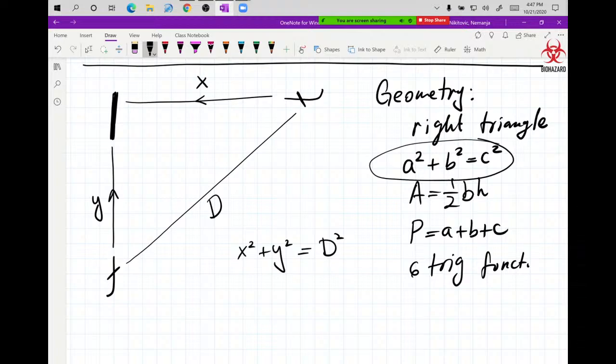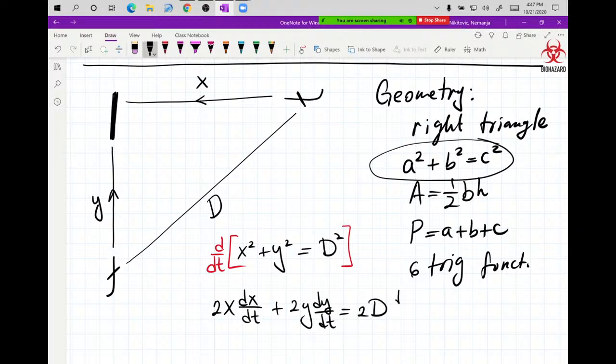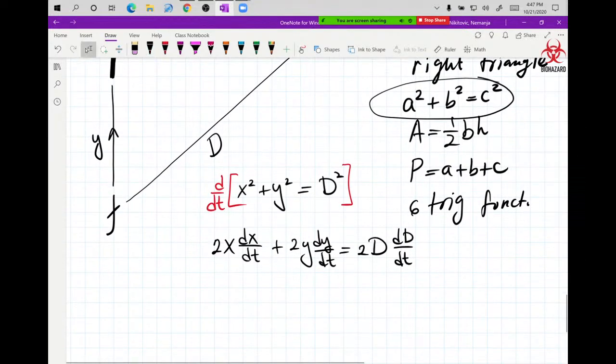And now you hit this with the derivative in time, because these airplanes are getting closer in time. We take the derivative, we get 2x dx/dt plus 2y dy/dt is equal to 2d dd/dt. We can cancel these 2's.